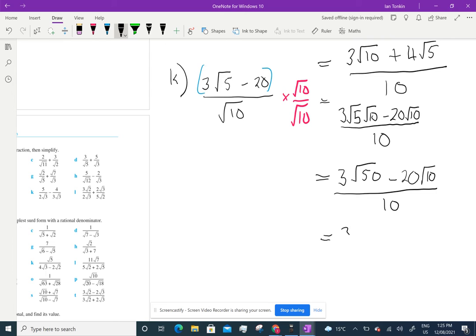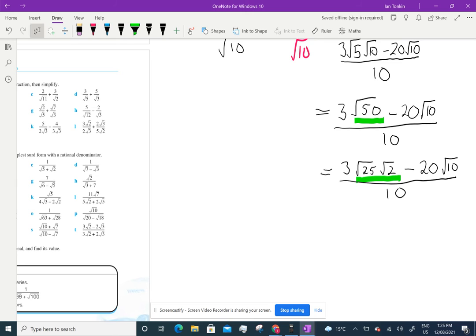But I know that root 50 is the same as root 25 times root 2. Remember when we did simplifying? You can write root 50 as root 25 times root 2. And the square root of 25 is 5.